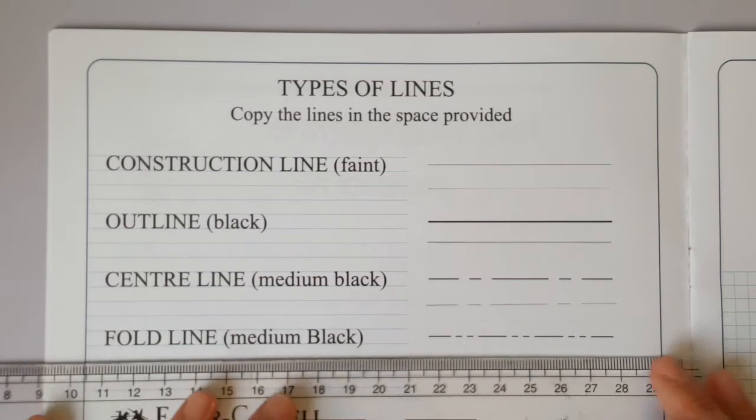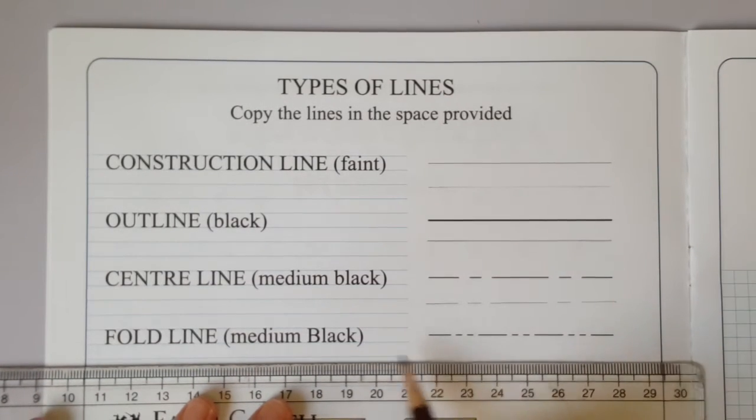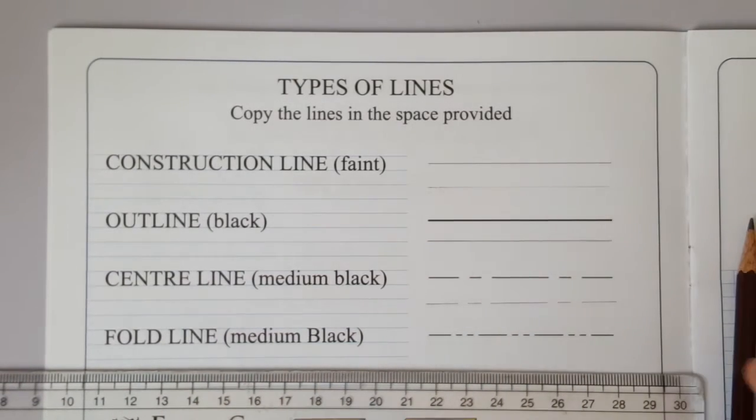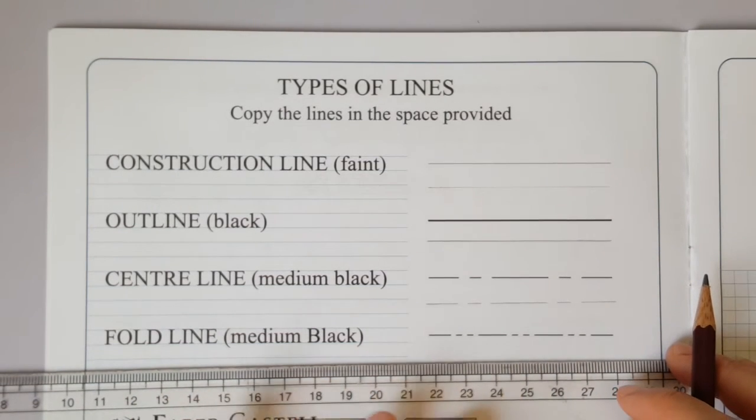Then we have the fold line. A fold line usually shows you where the object is to be folded. Now let's practice by drawing another fold line in parallel to our example. The fold line is made up of a long line, and then in between the gaps there are two shorter lines. So let's start.